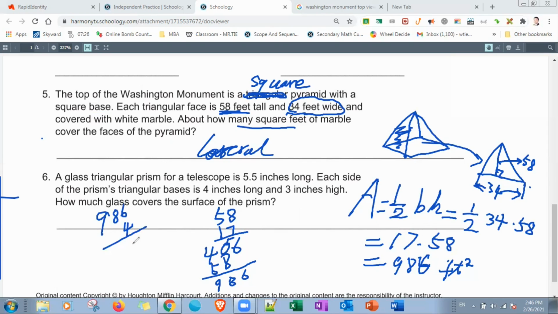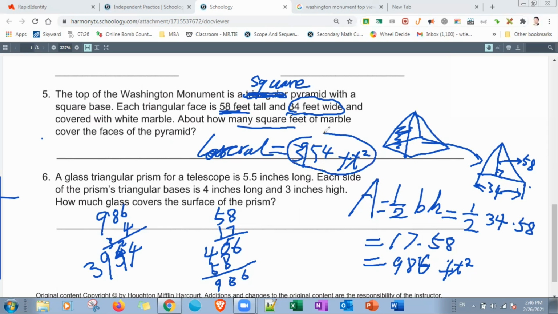About 3,944. So that's the answer. Lateral area will be 3,944 square feet.